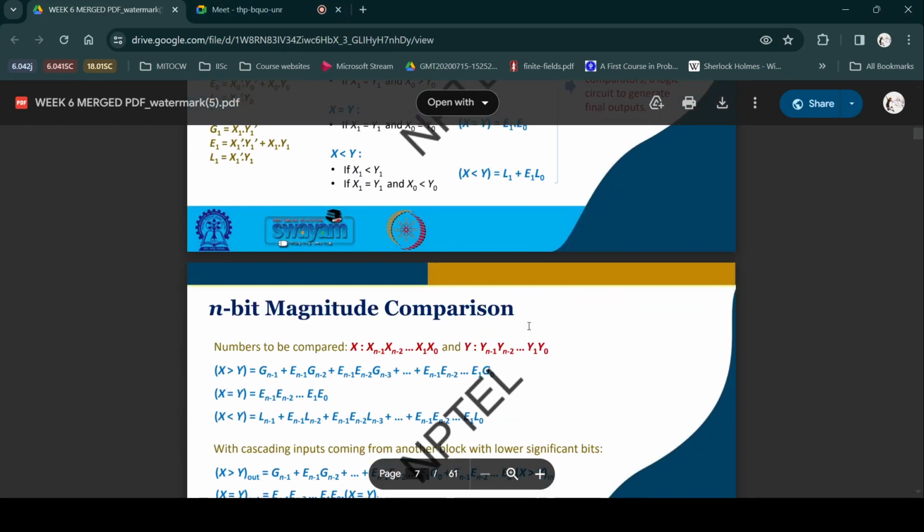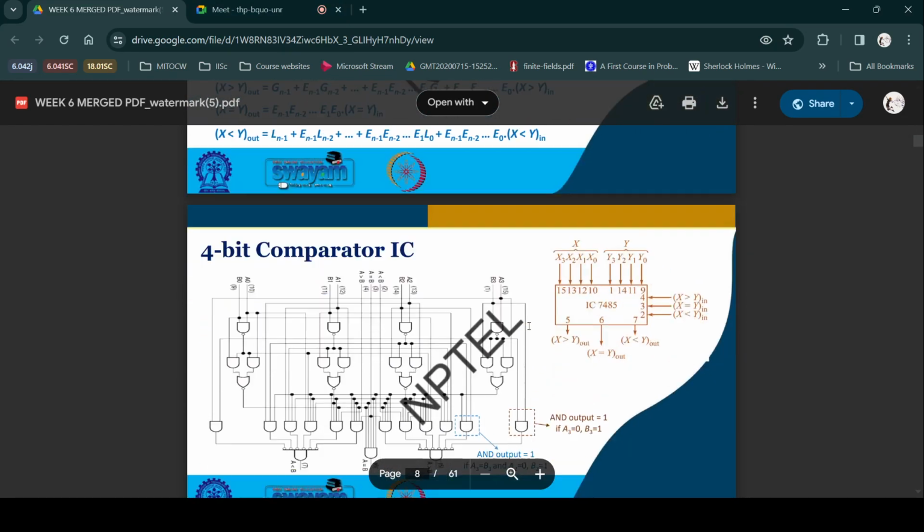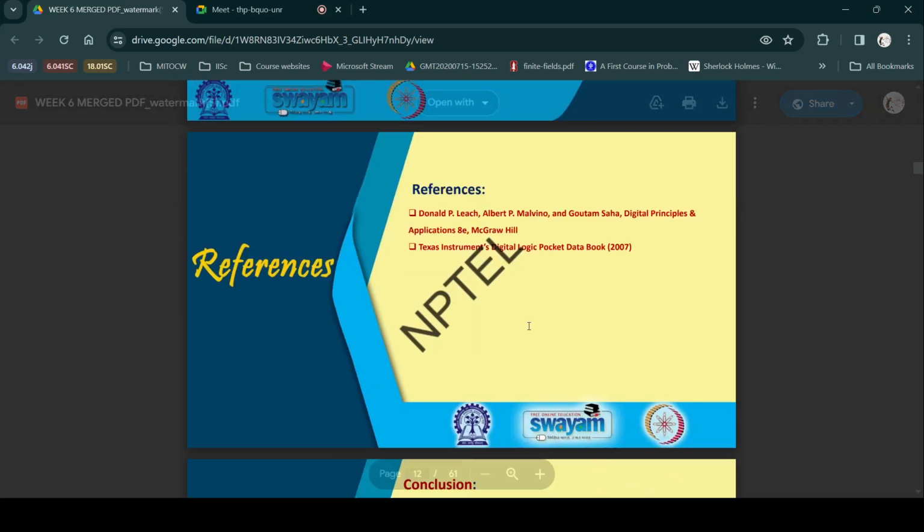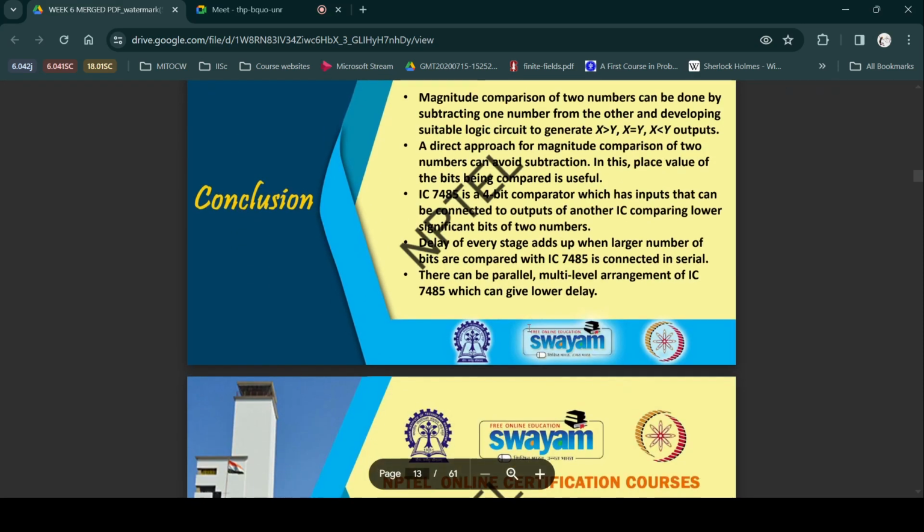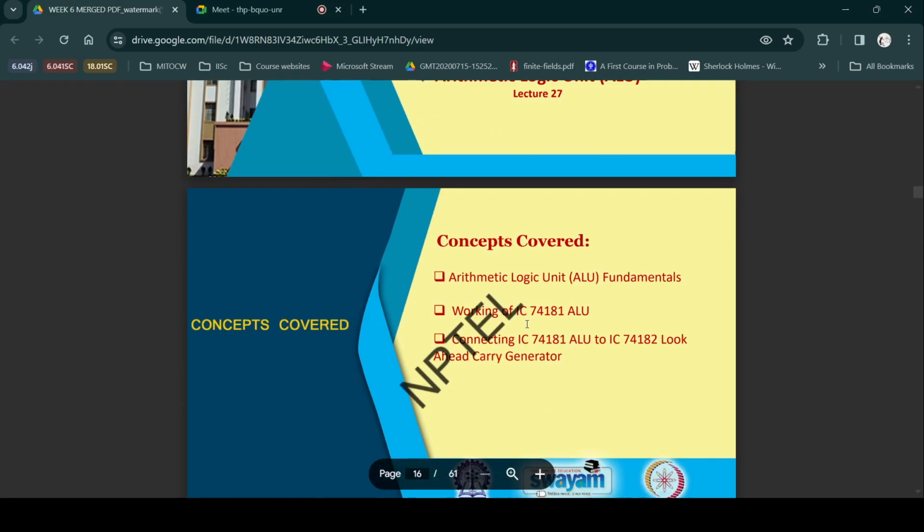So there are two situations. If carry out is there, then that means your number A was bigger than your number B. So if C out is equal to 1, then your number A is greater than B, so A equals 9, which would be 1 1 0 0 in excess 3.